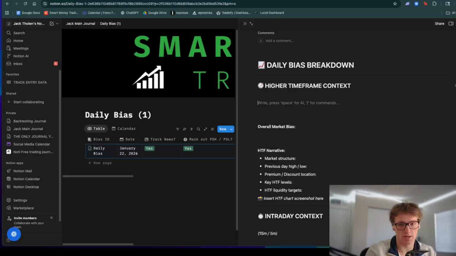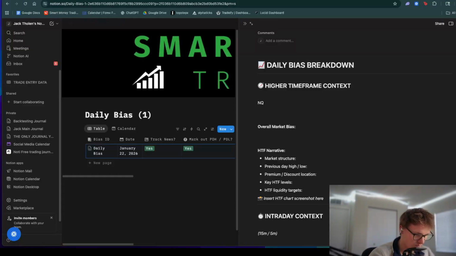What was our higher time frame context for today? Our higher time frame context for today was that we have currently rebalanced an hourly gap, and that we are currently filling the new week opening gap fully. NQ has fully filled the new week opening gap, while ES is lagging behind.